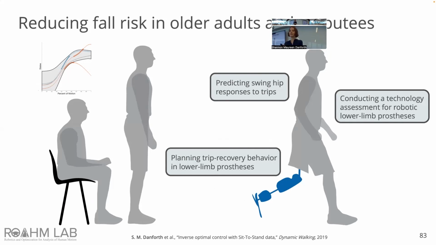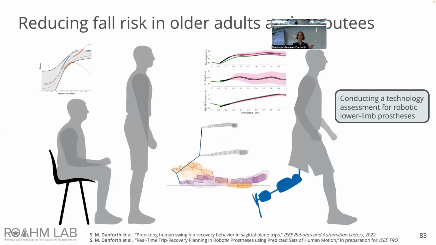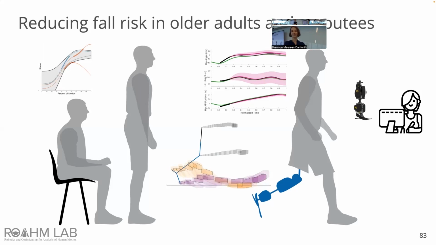And in order to increase trip recovery safety in robotic prostheses, we developed a prediction and planning framework to safely and successfully have the human and prosthesis recover from a trip. And lastly, I presented preliminary results from a technology assessment to see if we could help increase clinical use and real-world translation of the frameworks in this dissertation.